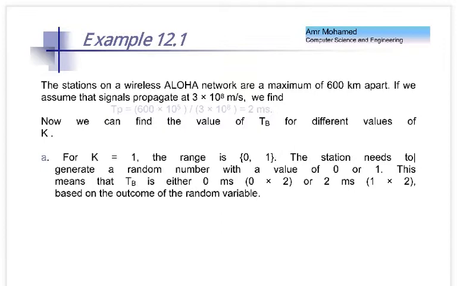For example, if k is 1, the range will be 0 and 1. Assuming the propagation time is 2 milliseconds, if the random number is 0, the node will transmit right away. If the random number is 1, the node will wait for 2 milliseconds.